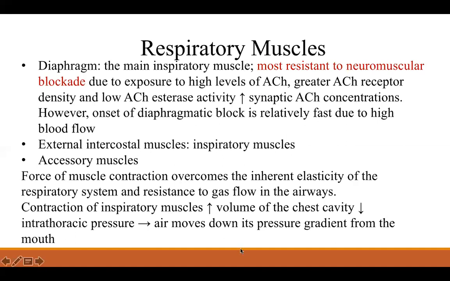They increase the chest cavity volume, and therefore pressure would drop and air moves down its pressure gradient from the mouth into the lungs. So that is how the muscles function.